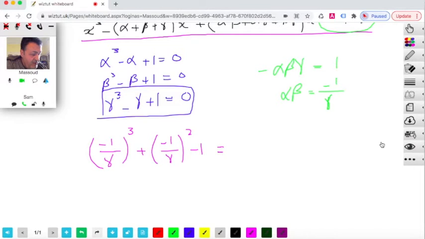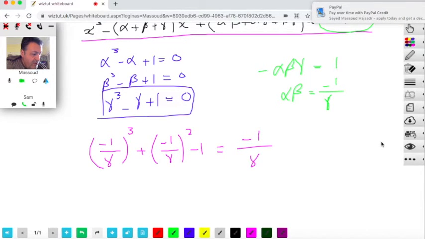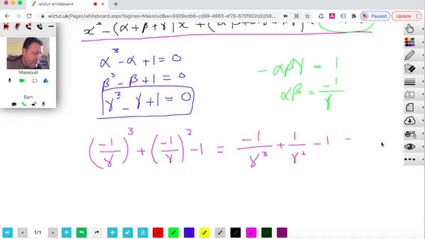What I am going to do is get rid of the brackets. So it'll be minus 1 over gamma cubed, plus 1 over gamma squared, minus 1, and let's still not assume that it's going to equal 0.